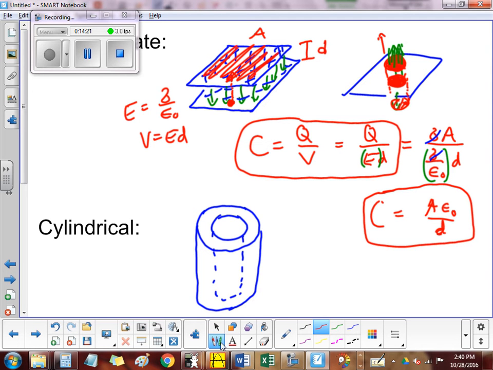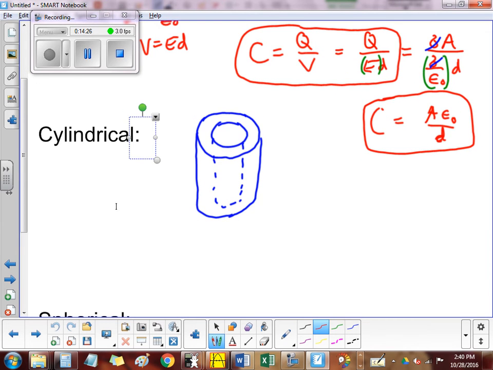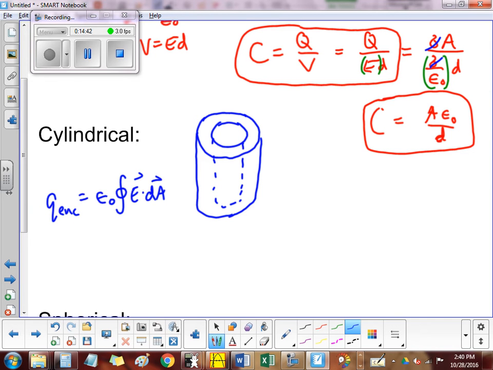All right, now the cylindrical case is very similar, but instead of re-deriving with Gauss's law the field of a cylindrical case, we're just going to steal it from the book. So Gauss's law basically says Q enclosed equals epsilon naught times the closed integral of E dot dA. The Gaussian surface we'll pick is a cylinder of its own, another pillbox, but this time the flux is through the lateral face. And so we already did this before, actually more than once.